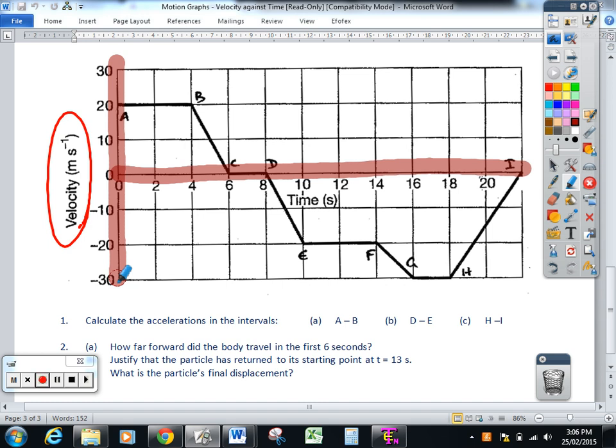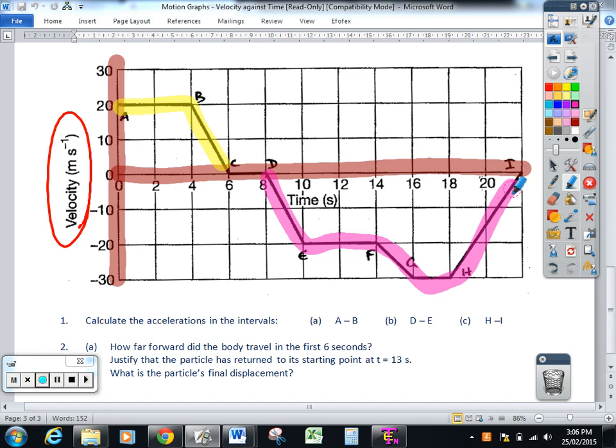Above this horizontal line means the particle is moving in which direction? Forward. So it's moving forward to there. What's it doing from here to there? It's moving backward. Okay? So do we know where it starts? Does it start at 20? No. We don't know where it is starting.